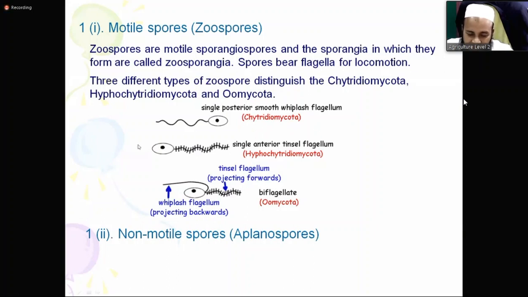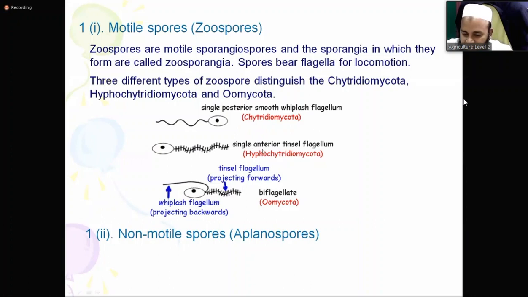Here you can see there is a flagellum, but it is not posterior, not back side; it is projected in the front side. If the spore goes in this direction, I believe you understand. So this is a single anterior flagellum. Front side means anterior.